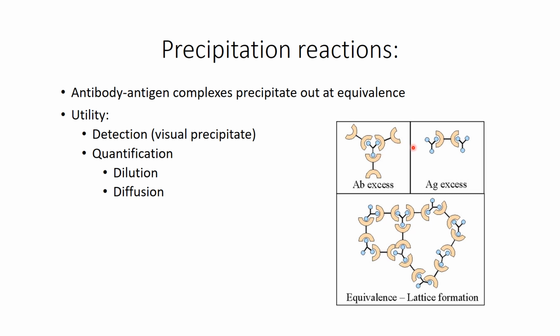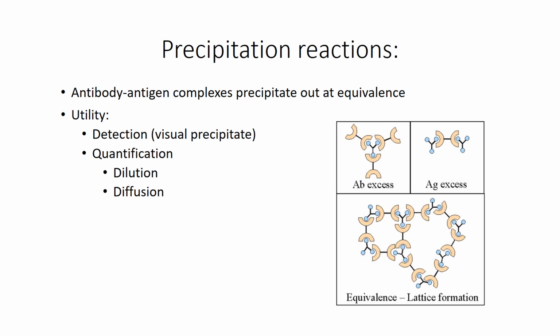However, if there is an excess of antigen, the different regions of the antibodies will bind to each antigen. And if there is a similar number of antigen and antibody, which is the equivalence, then multiple antigens will be binding to multiple antibodies, but their level overall will remain the same.